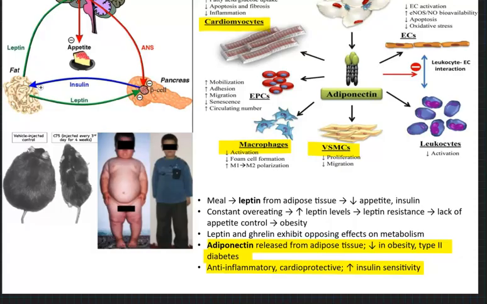What's interesting though is that if you look at patients who have a chronic inflammatory disorder, let's say rheumatoid arthritis, in those patients adiponectin is super high. We don't know why. If a person has type 2 diabetes, it's low.